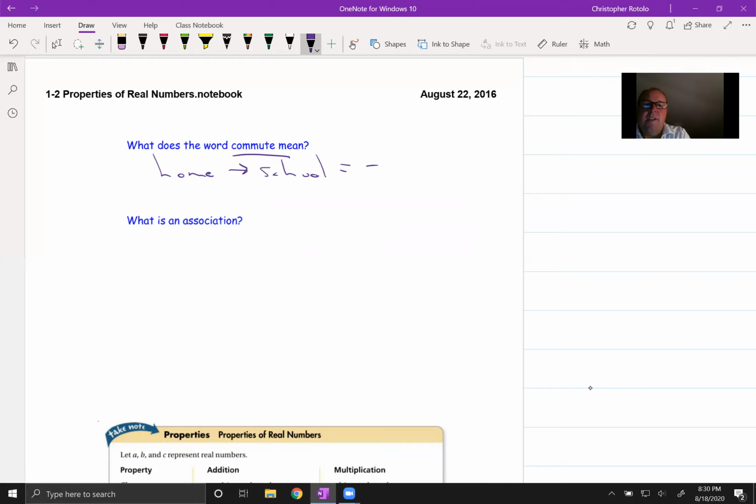And what's equal to that is then you went from school and you went home. So that is like A plus B equals B plus A. Boom, there's your commutative property. Okay, so if we're just flipping the order, and this does work for addition and multiplication.